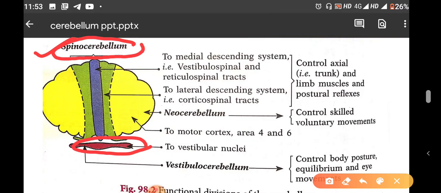So, from the spinocerebellum through the deep cerebellar nuclei, that is nucleus globosus and emboliformis, the efferents go as the vestibulospinal tract and the reticulospinal tract, and they control the axial and limb muscles and the postural reflexes.